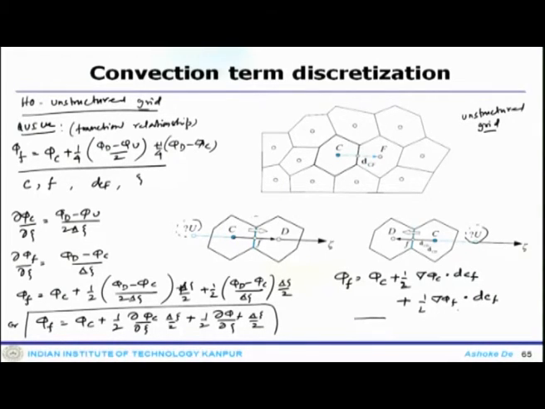So, now this particular expression suggests that I can write phi f as A phi c plus b delta phi c dot d c f plus c delta phi f dot d c f, where A, B, C are constants determined by equating phi f to the profile obtained over structured grids.